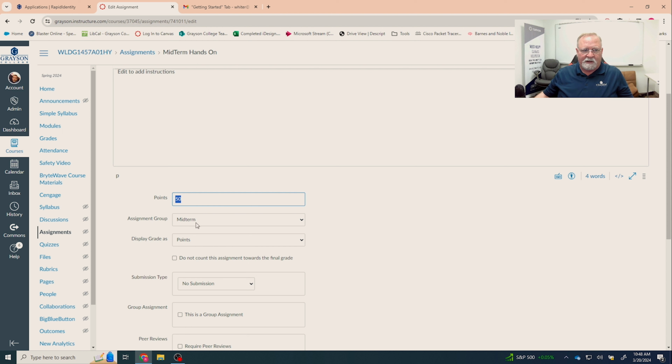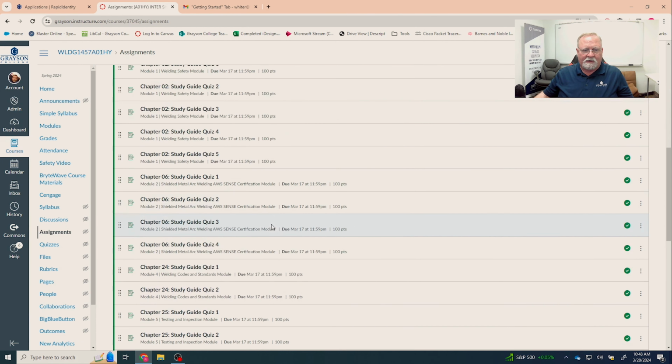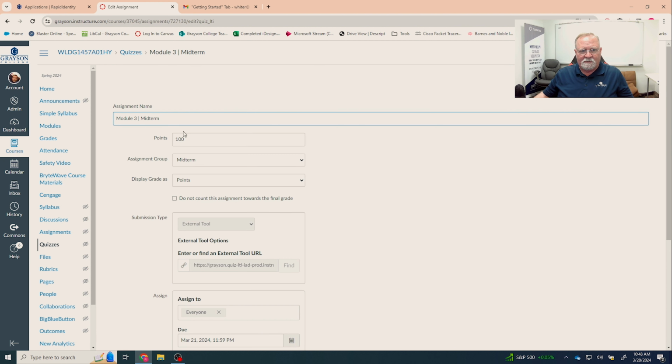Now the only problem is when we do that, if we change the value of this midterm exam, the handwritten part, I'm afraid it's going to affect their grades. We change that to a 50, it's going to change their grades, and I don't know how that's going to work.